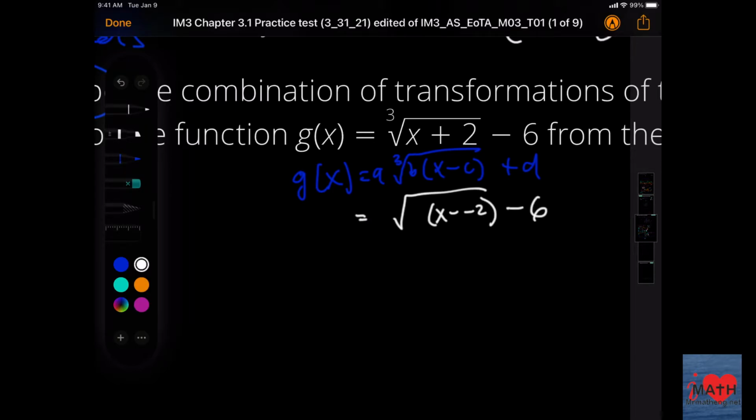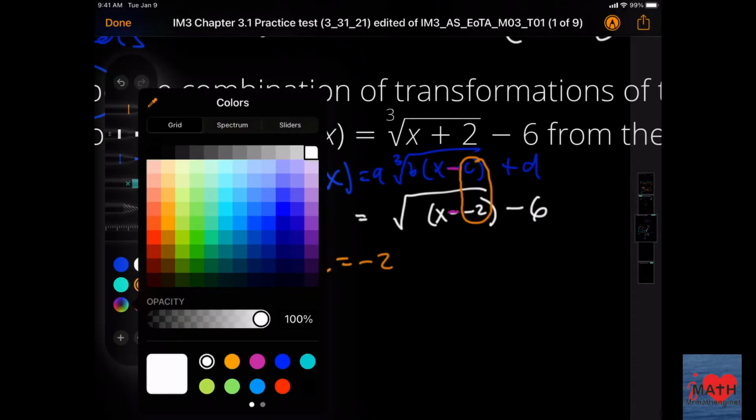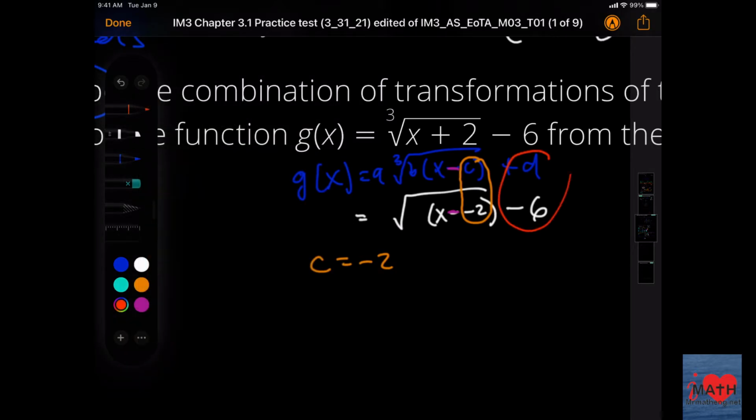Why did I do that? It's so that I can identify the minus sign. Let me highlight it in pink. So the c value is -2. And the d value is -6, I'm sorry, that's 6.